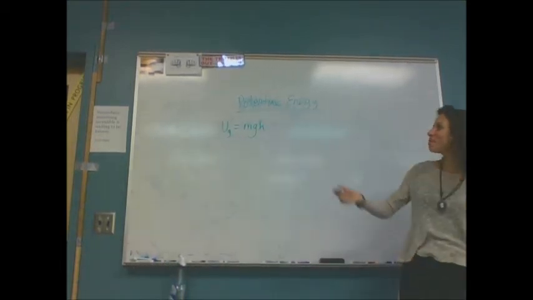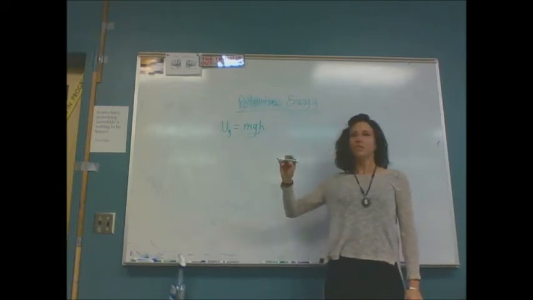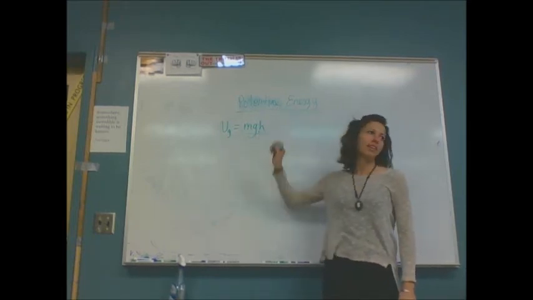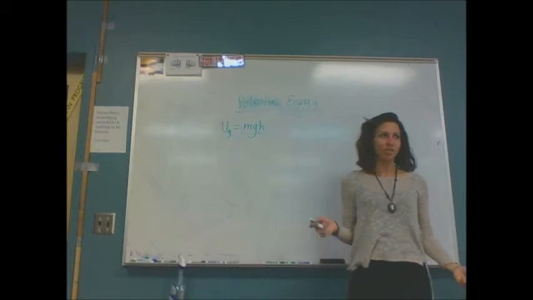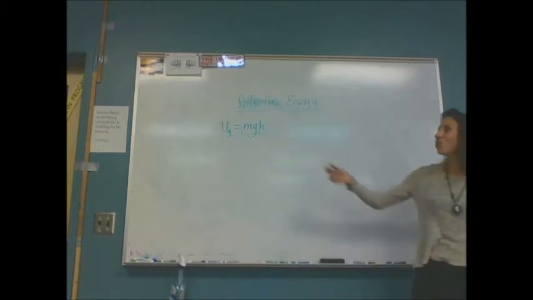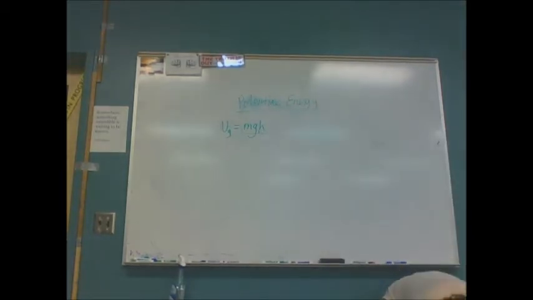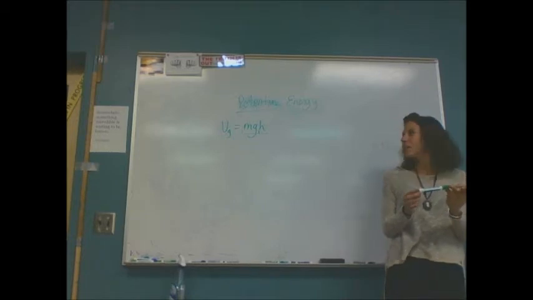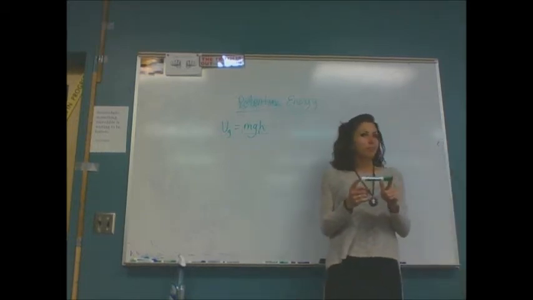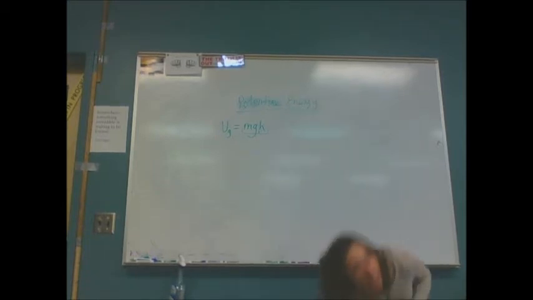If you think about it, it's the force that you have to exert to lift something up a distance h. It's the work that you put into the system. So if I lift this marker from the ground to a height of 1 meter, I put energy into the system. It doesn't matter how it got here. I don't have to actually do it for it to have the energy.